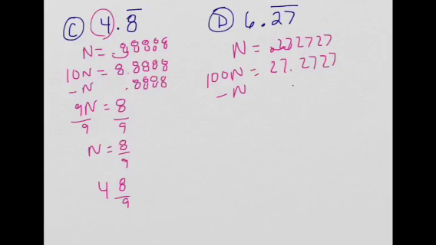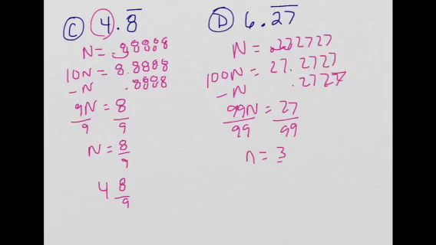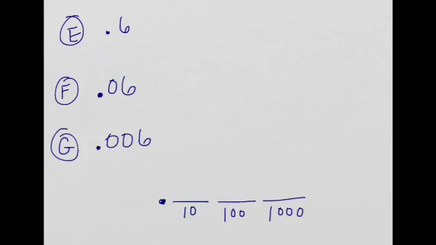I'm going to subtract off just the repeating part. And so it's going to be 99n is equal to 27. Divide by 99, divide by 99. And I'm going to have n is equal to 3/11. But of course I had my 6 up here, so it's 6 and 3/11.